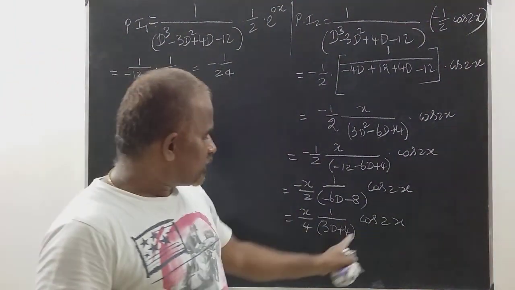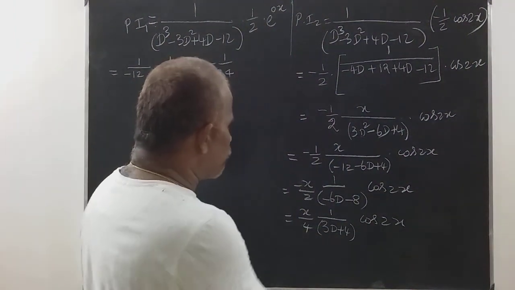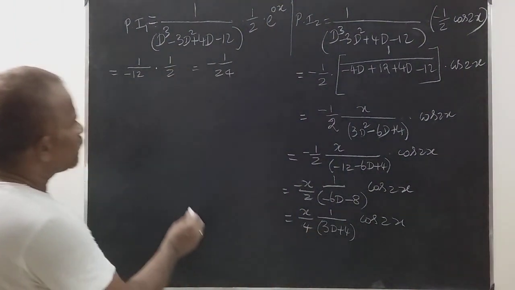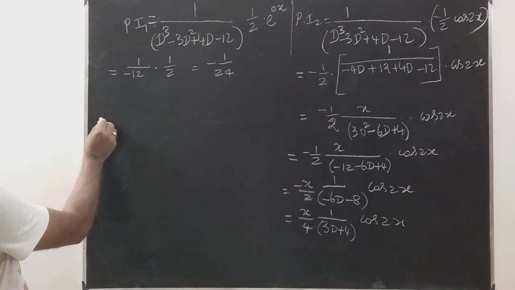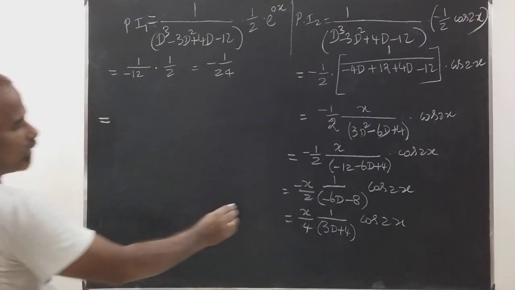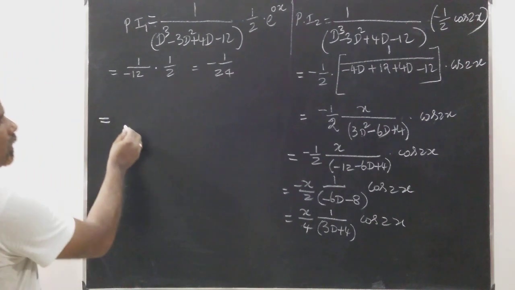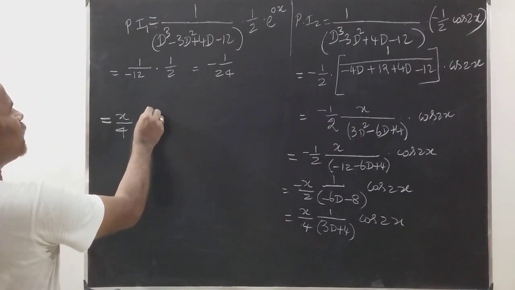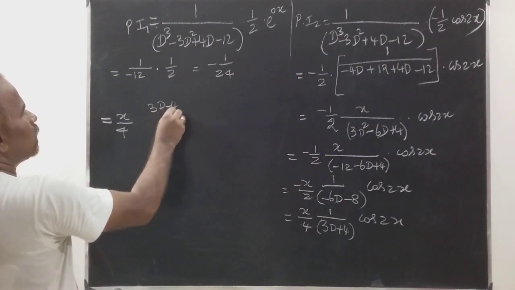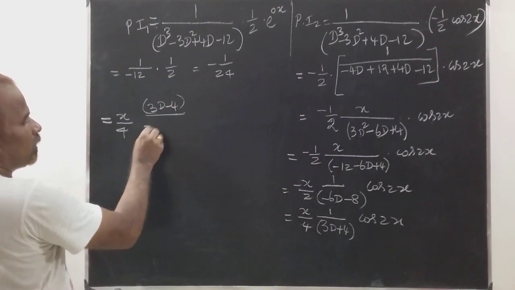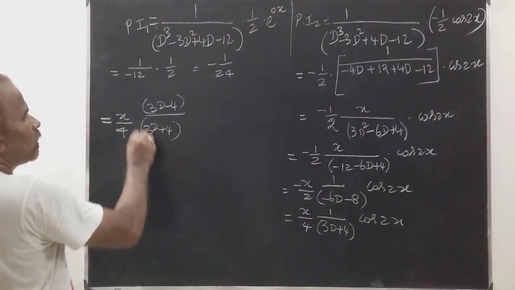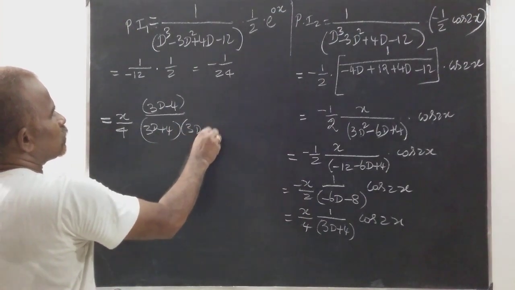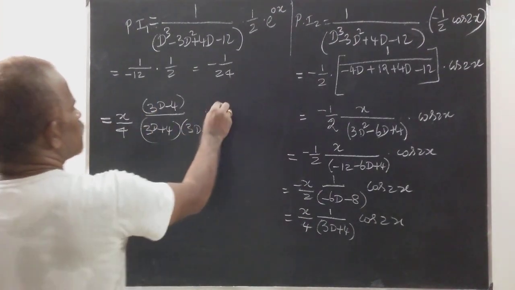So again we have to multiply and divide. Okay. X by 4 into 3D minus 4 divided by 3D plus 4 into 3D minus 4, into cos 2x.